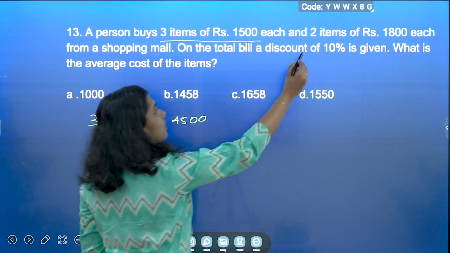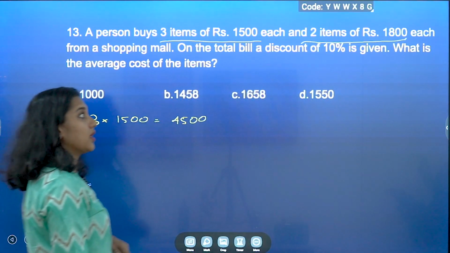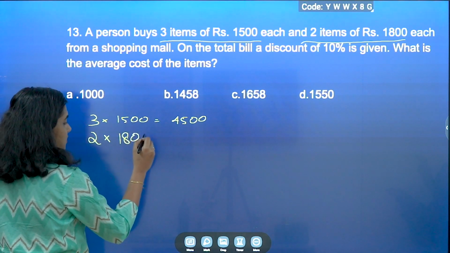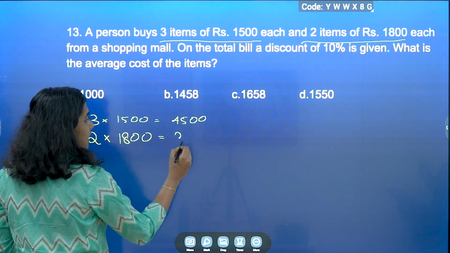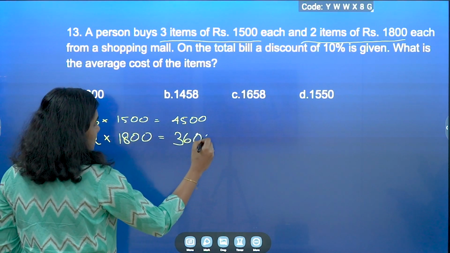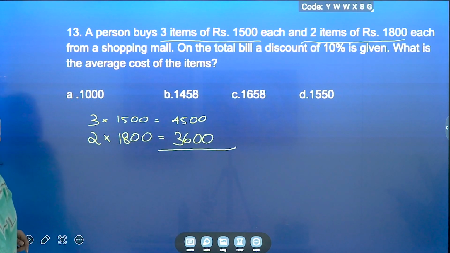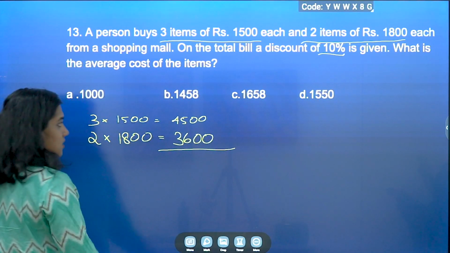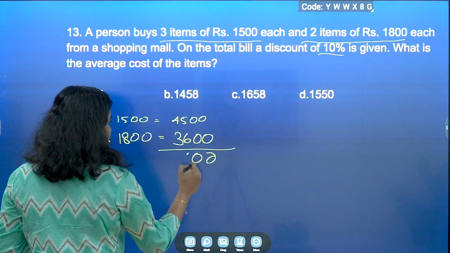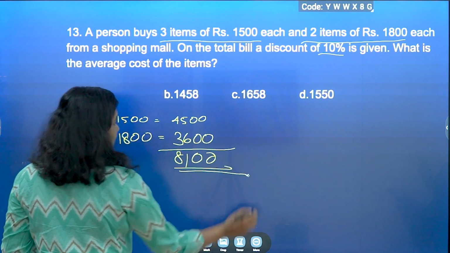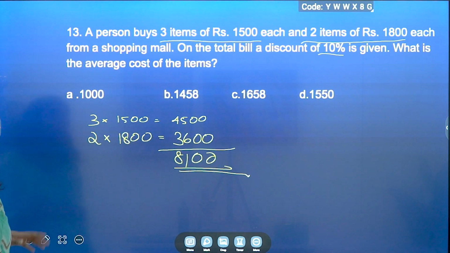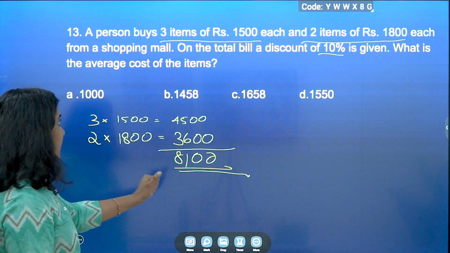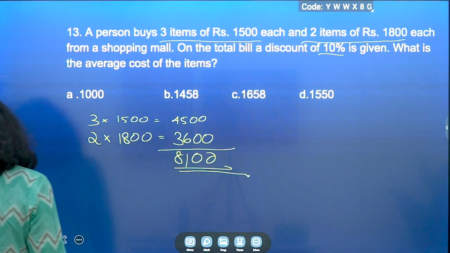Now 2 items of rupees 1800, so 2 into 1800, so in total you will get 3600, right? So on the total bill he got a discount of 10%, so total means 8100, right? Now you have to find out the 10% of 8100 and then the average cost.